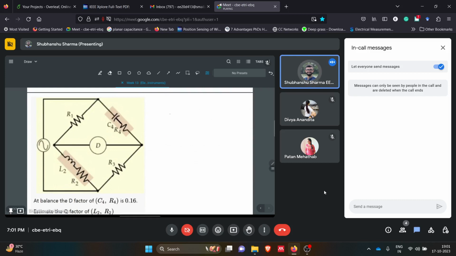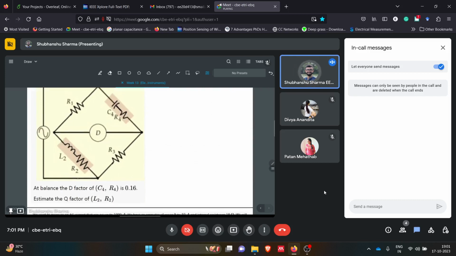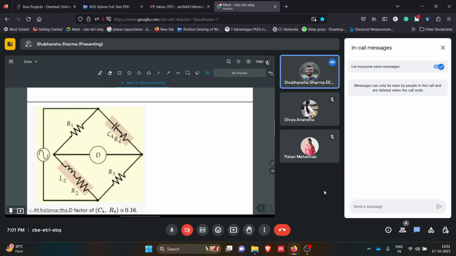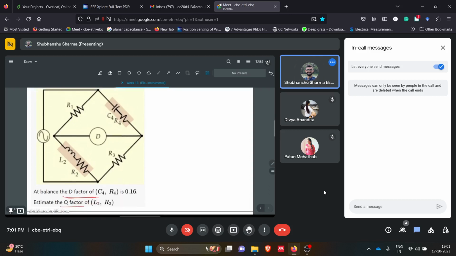Here we have to find the D factor and Q factor. Based on the table which I have told you, they are asking to find the D factor of C4R4 and the Q factor of L2R2. Using that table, you should know the D factor and Q factor of these two coils. That is the first part.